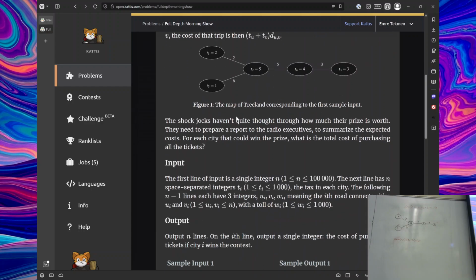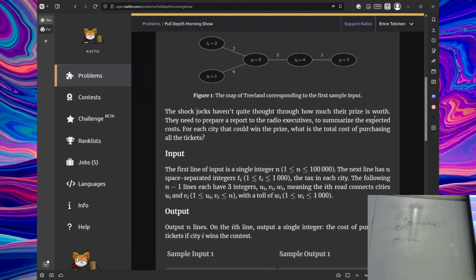So the shock jocks, it doesn't really matter what they're talking about. They haven't quite thought out how much their prize is worth. They need to report the ranges, summarize. For each city that could win the prize, what is the total cost of purchasing all the tickets?